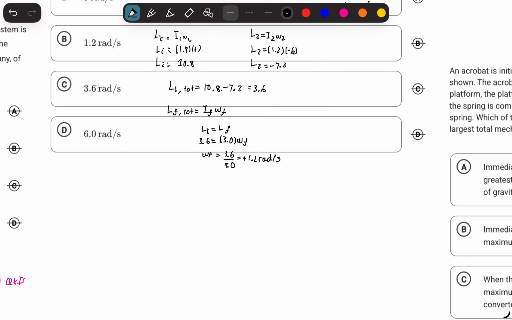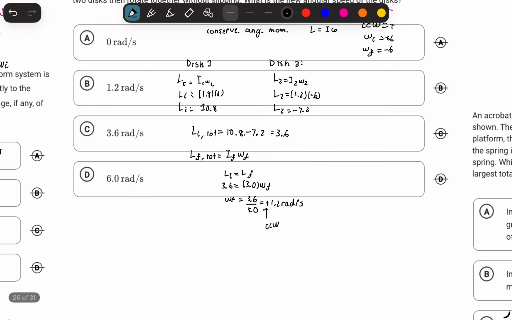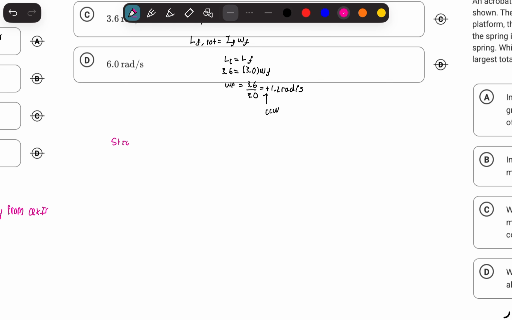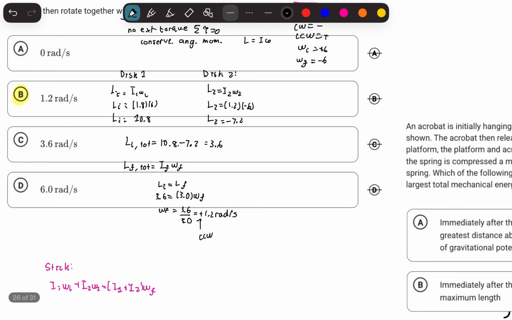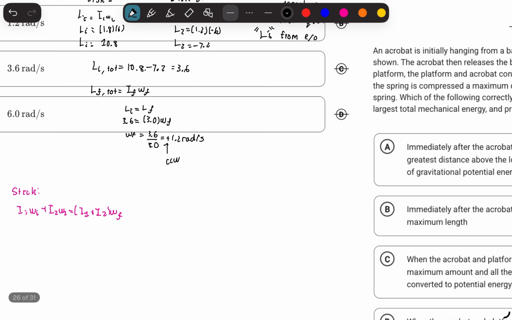And this result is positive. When you have the opposite direction, you subtract your angular momentums. You could also represent this as one string like this.